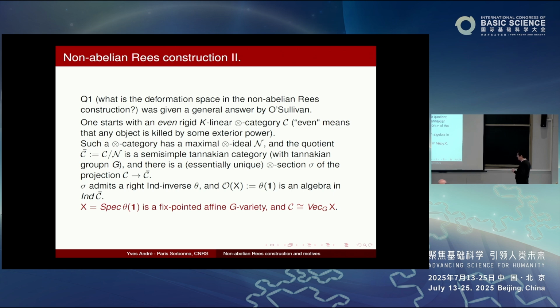So now one starts with a rigid K-linear monoidal category, which is even in the sense that any object is killed by some exterior power. One can prove that such a monoidal category has a maximal tensor ideal, such that the quotient by this ideal, which is a category which has exactly the same objects, but whose space of morphisms is just a quotient, is then a semi-simple Tannakian category.